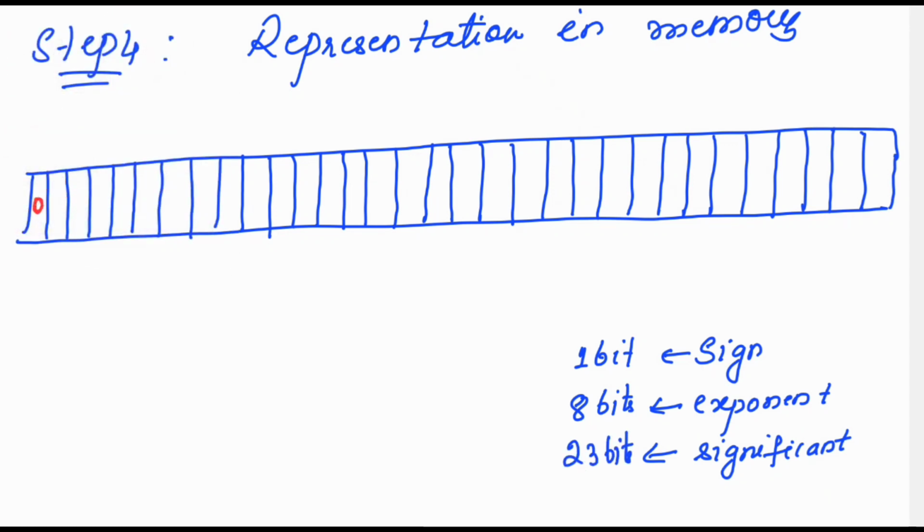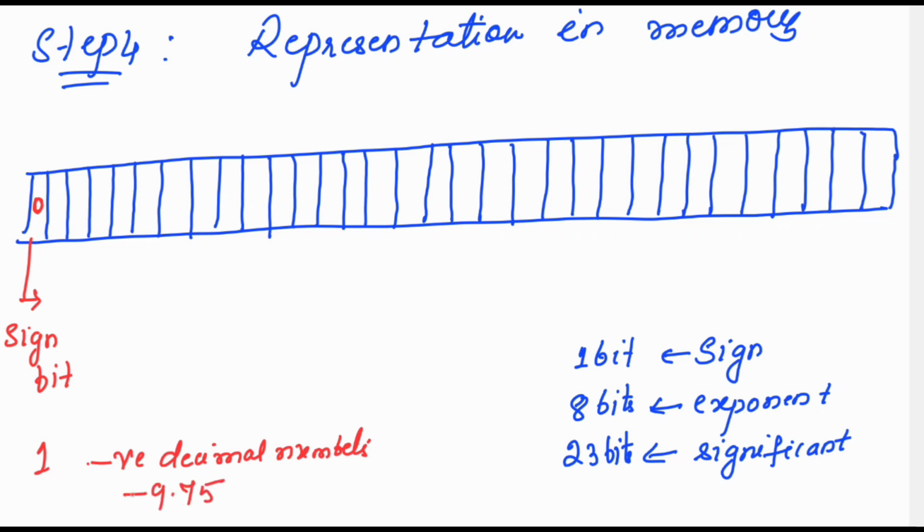First bit is what? 0, because this is your sign bit. It will be 1 in case of negative decimal numbers. Suppose this number was minus 9.75, then since it is a negative number, the sign bit will be 1. But now we have taken a positive decimal number. So here the sign bit is 0.